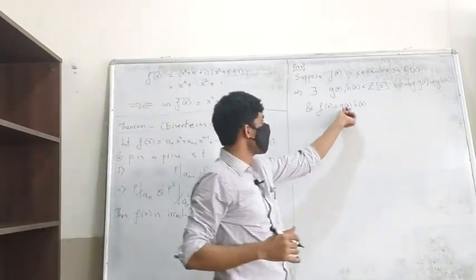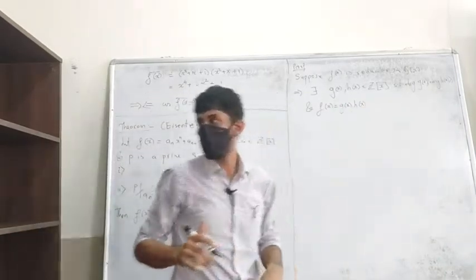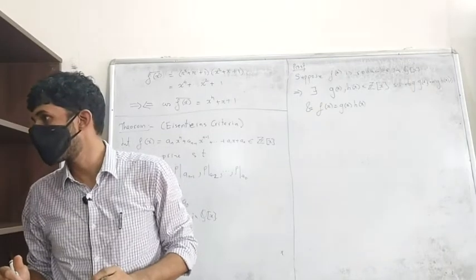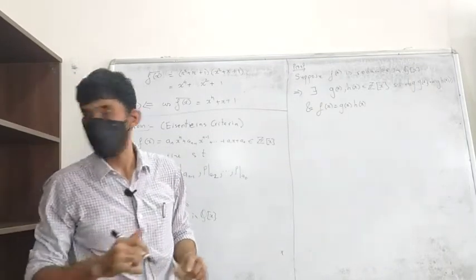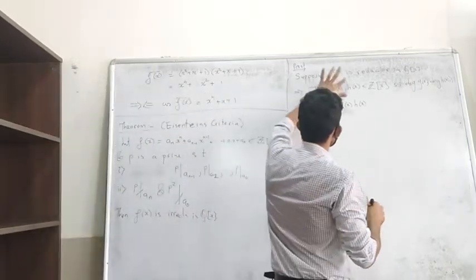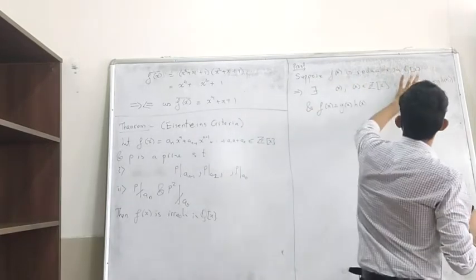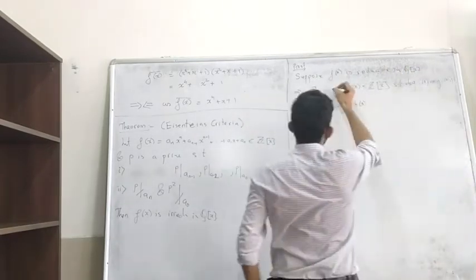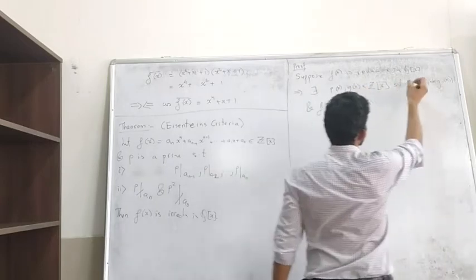Okay, let's say that the degree of this is t and the degree of this is s. In fact I'll go with p and q.